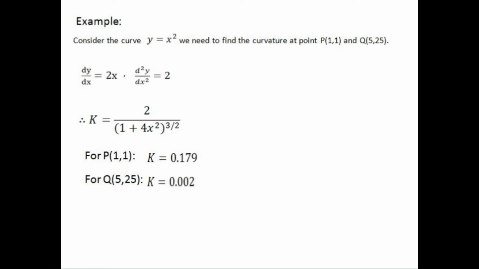From the formula, we see that we need two things to find the curvature. One is the derivative of y with respect to x, and the other is the second derivative of y with respect to x. So here we have found those two things, and now we need to plug these into our formula.